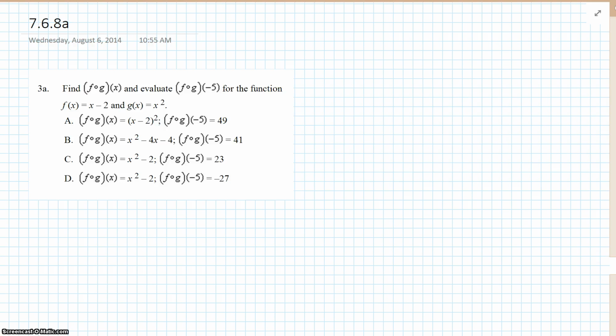Okay, so next example. Evaluate the f of g of x, and the f of g of negative 5. So the g of x is x squared.